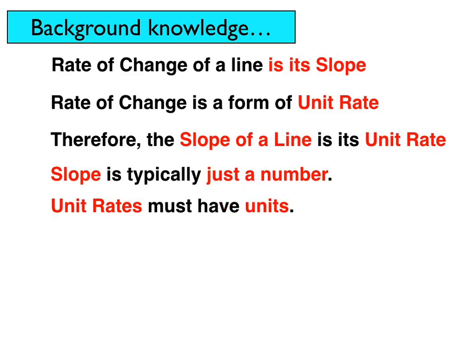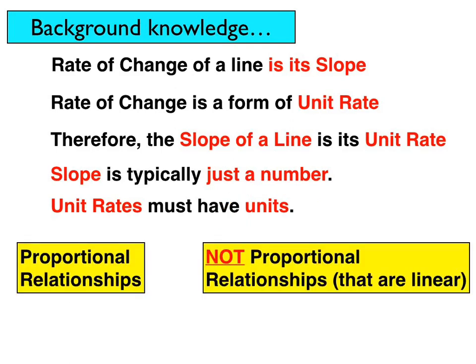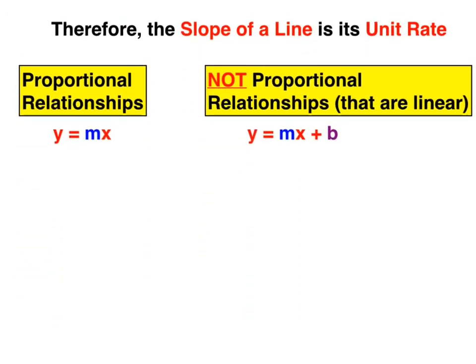All right, so let me quickly, once again, compare the difference between proportional relationships and linear functions that are not proportional relationships. Proportional relationships are of the form y equals mx. And it's up to you what you want to write down from this list. Linear functions that are not proportional are in the form y equals mx plus b.